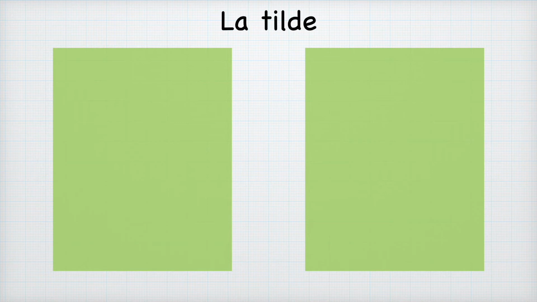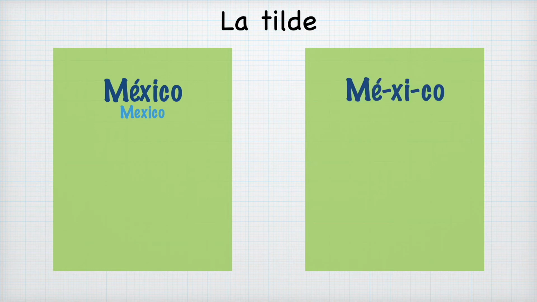Let's look at some examples of the words that end in a vowel, the letter N or the letter S, but have an accent. We already saw México at the beginning, and it has 3 syllables: co, xi, Mé. Since this word ends in an O, the rule says that the stress should be on the second syllable.